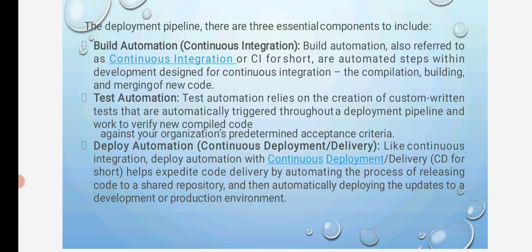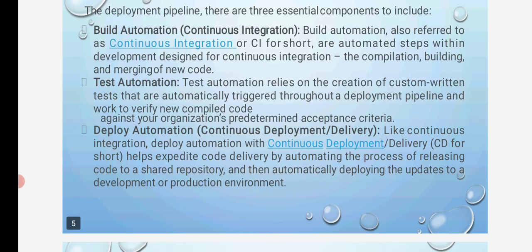Then deploy automation, like continuous integration, works with delivery to automate the process of releasing code to the shared repository and then automatically deploying the update to a development or production environment.